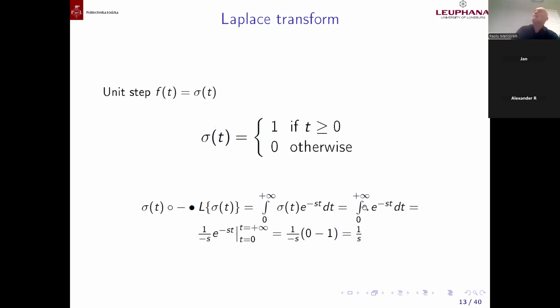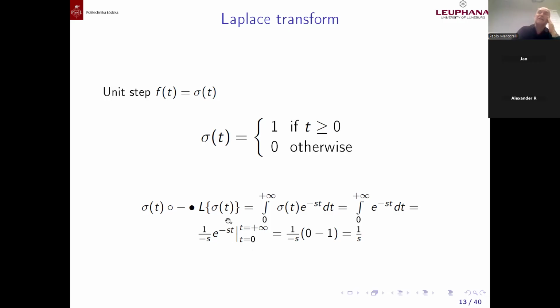I put it directly as 1 because the integral in the Laplace transform is defined between 0 plus and infinity. I think there is no problem to calculate that the primitive of the exponential function up to minus st is 1 divided by minus s, multiplied by the exponential function of minus st, calculated between 0 and infinity.